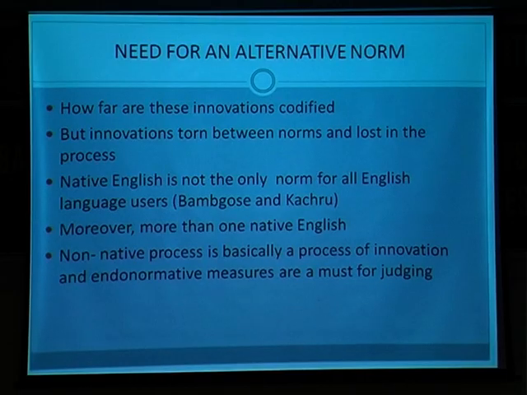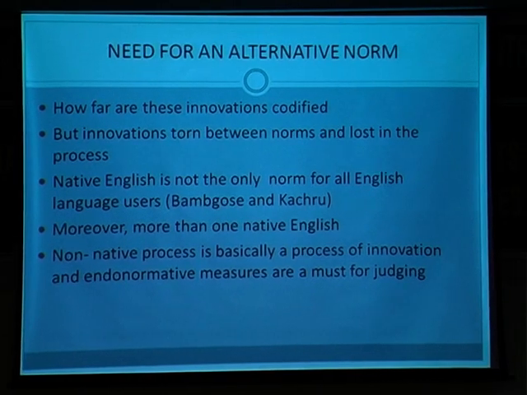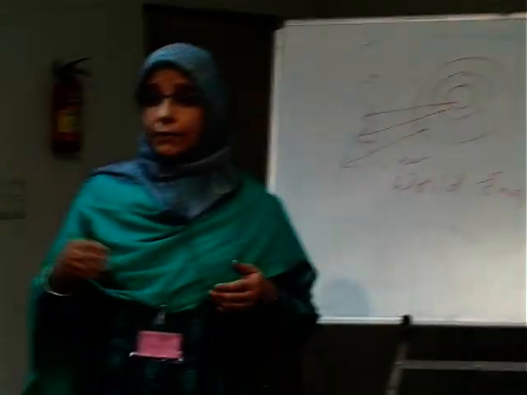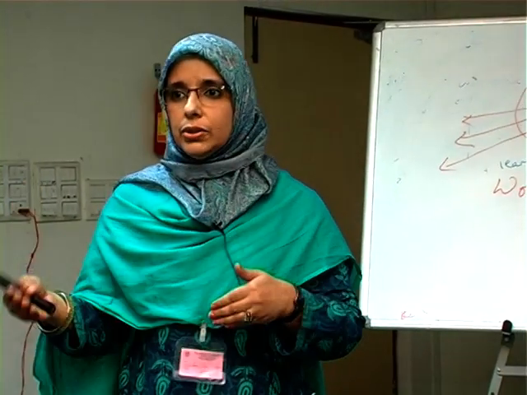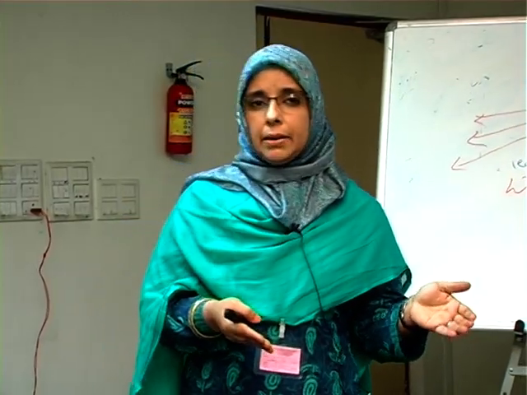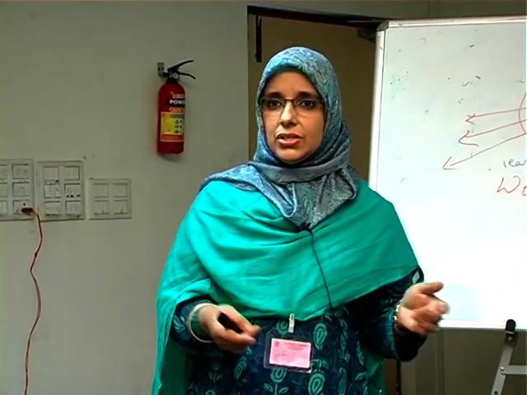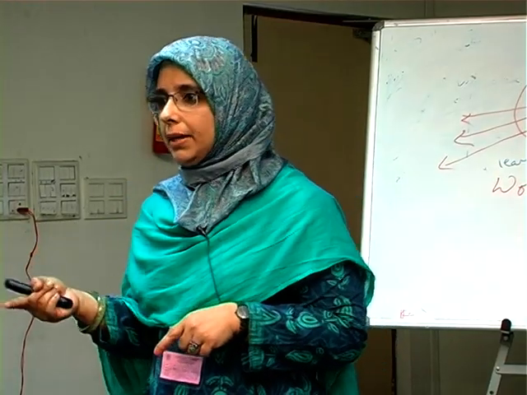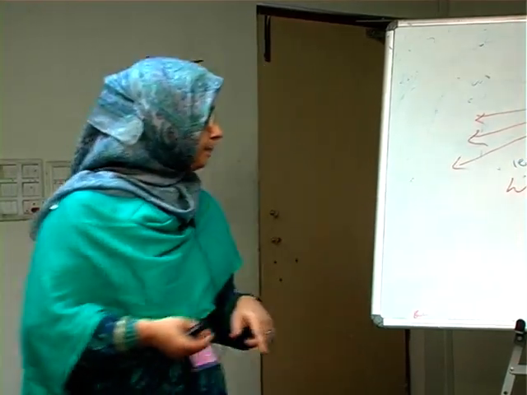And moreover, even when we talk about native English, there is not just one native English, because even though we as academicians follow British, RP or BBC English, amongst the youngsters we all know that American English is becoming all the more popular.